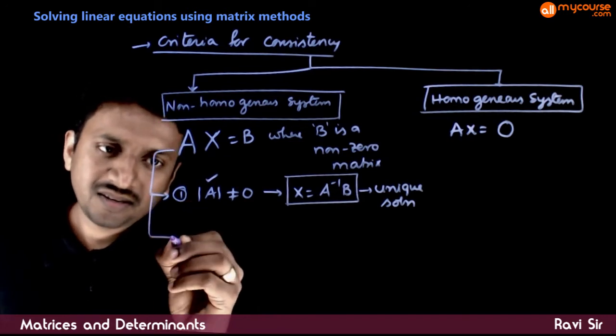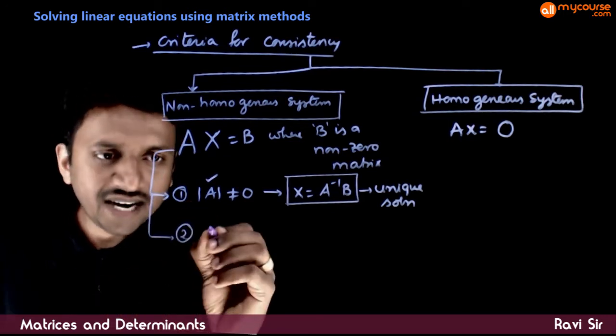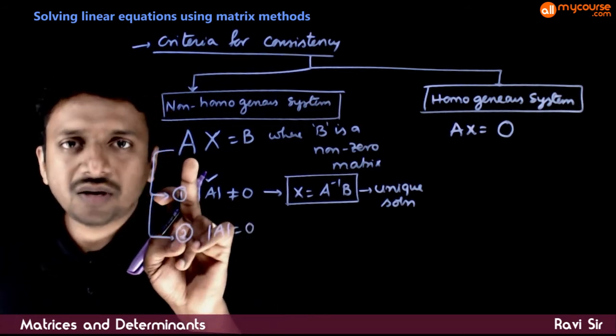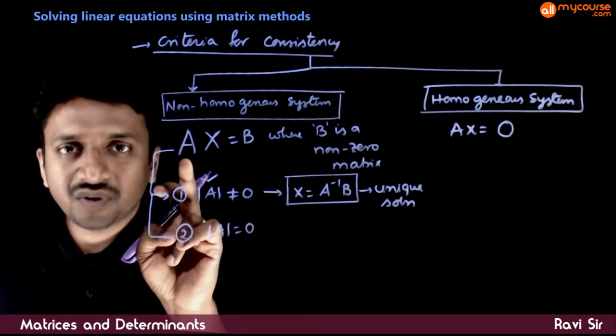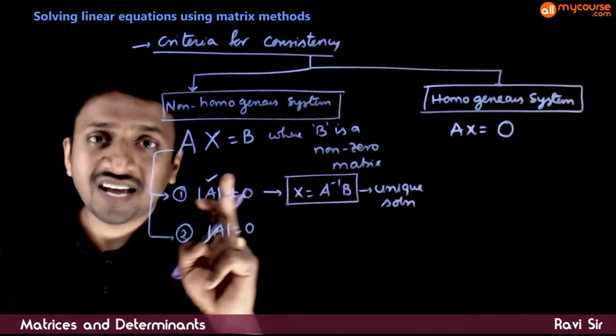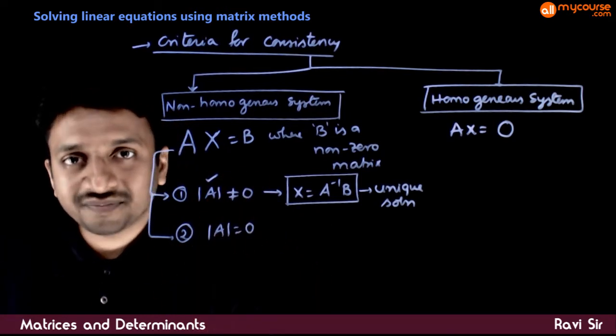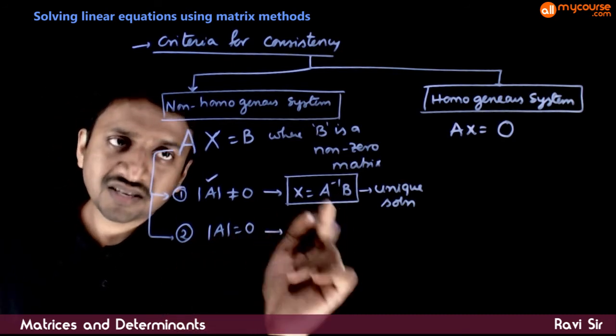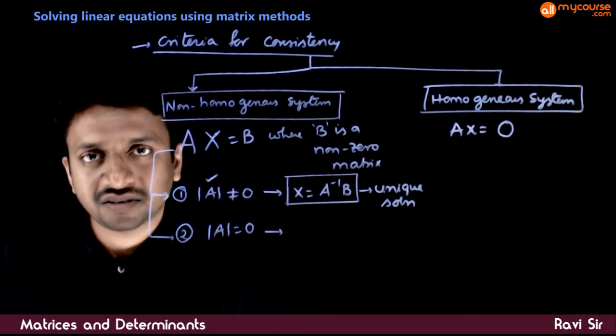Next, the second case is if det A is equal to 0. Obviously we can't find A inverse, because A inverse is adjoint of A by det A. So if det A is equal to 0, A inverse does not exist, so I cannot multiply with A inverse.